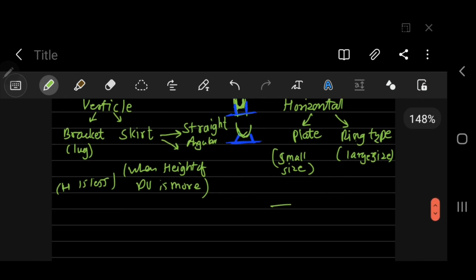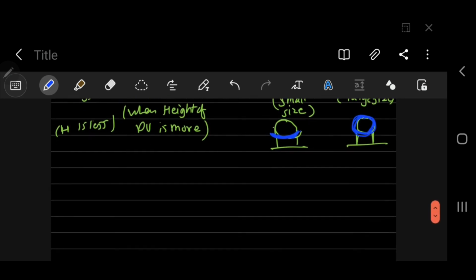The plate type support looks like this. Okay, we are supporting only the bottom part. This type of support is called a plate support, and when we are supporting the whole cylinder like this, that time the support is called a ring type.